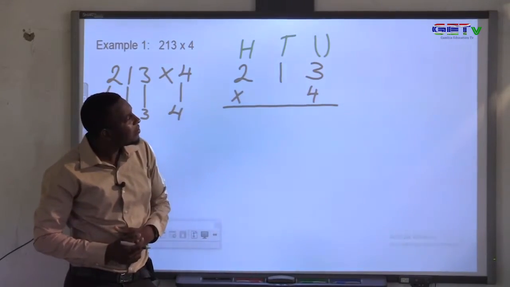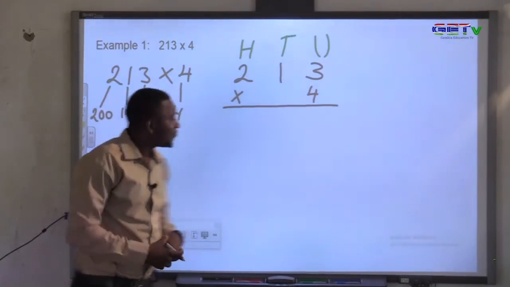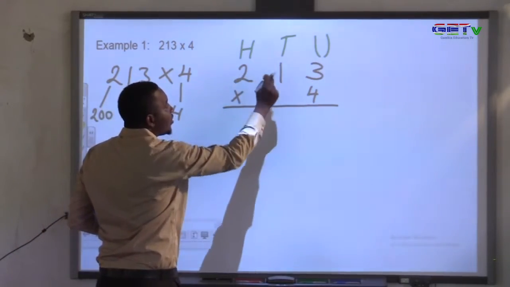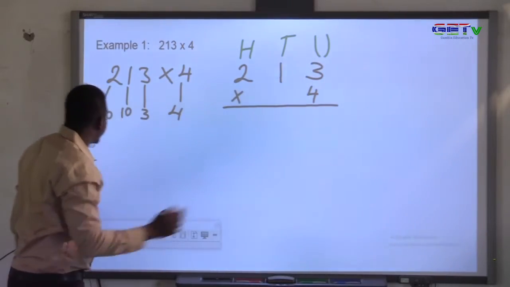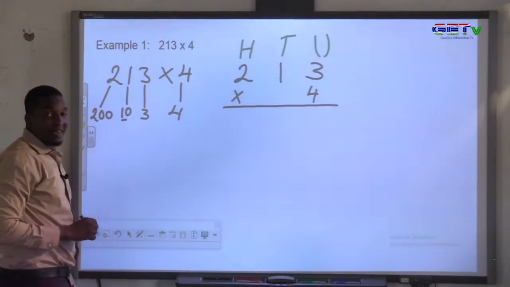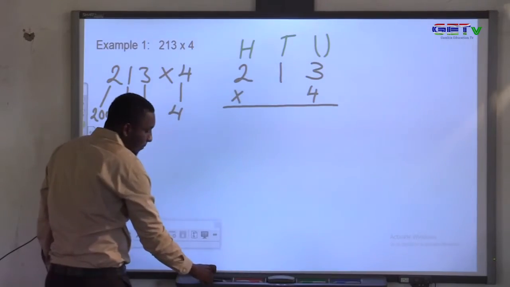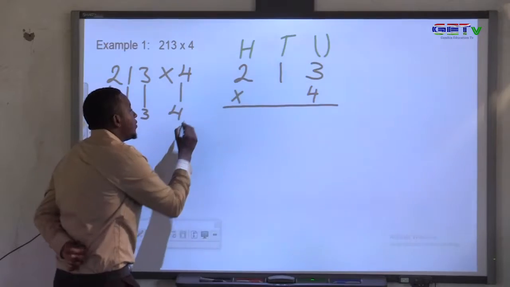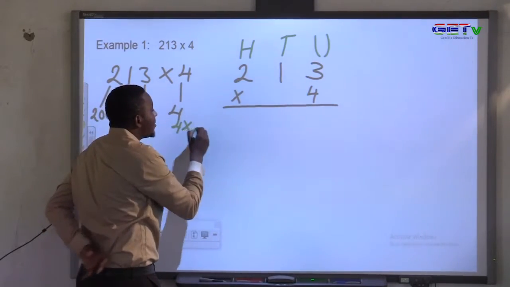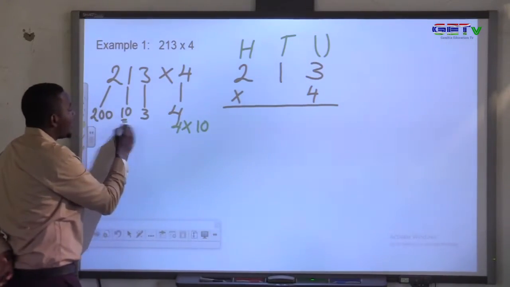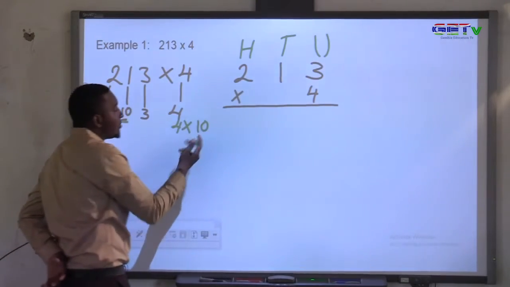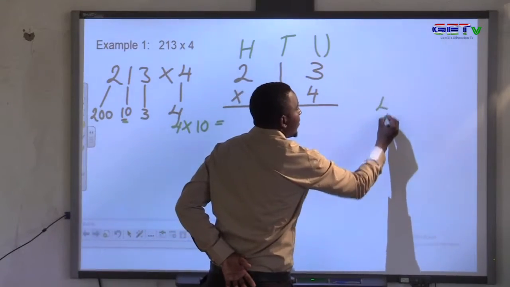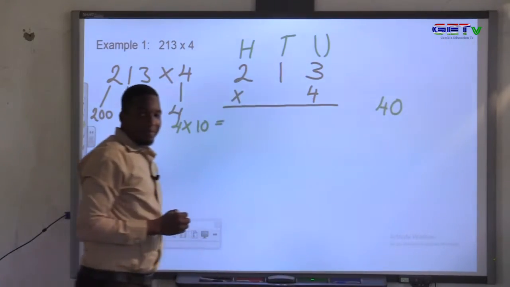But in this case, let's start with the 10th column and see. The number that we have under the 10th column is 1. And its value is 10. So we are going to multiply 4 by the value of 1. 4 times 10. Remember we said the value of 1 is 10. So 4 times 10 is going to give us 40.